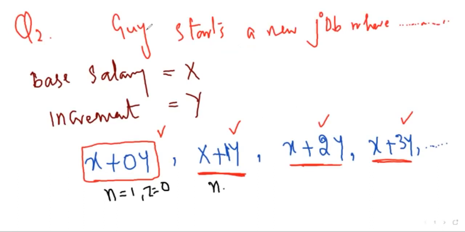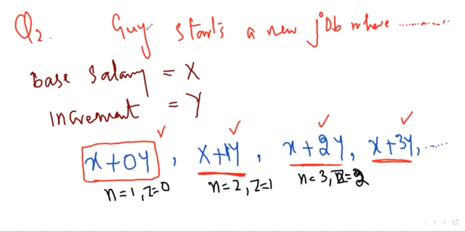This is n equals 2 and z is 1 here because z is the number of years. This is our third term, but n is 3, z is 2.